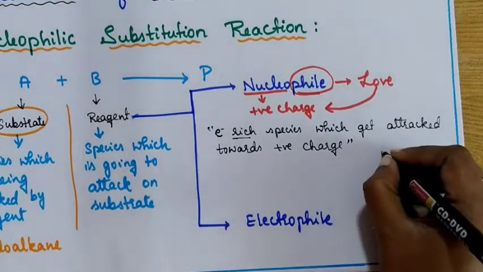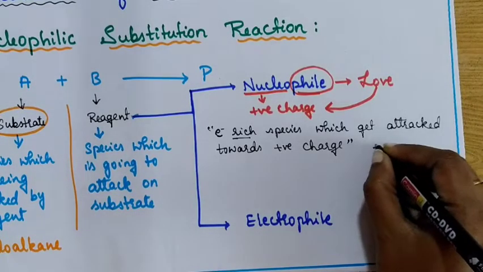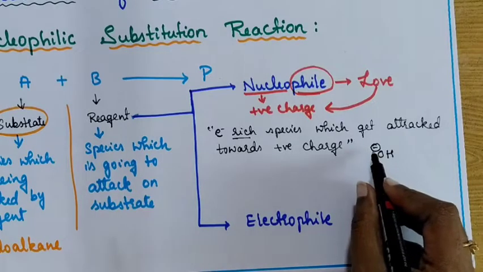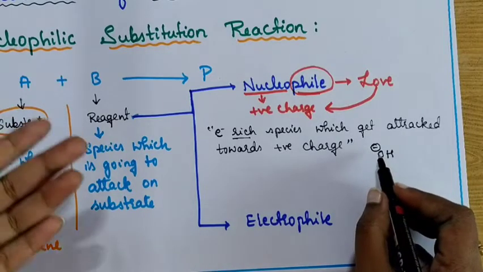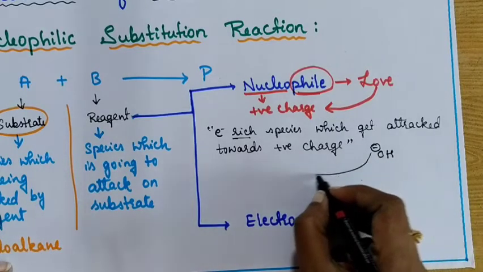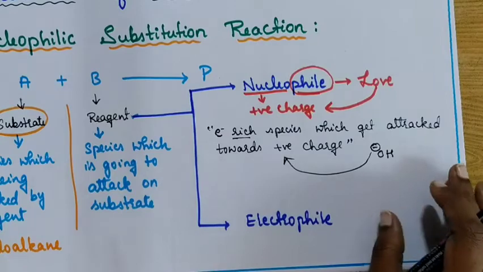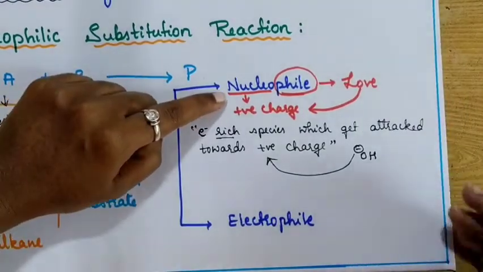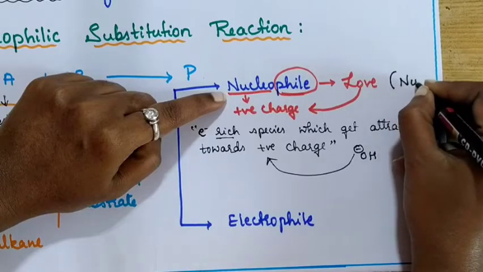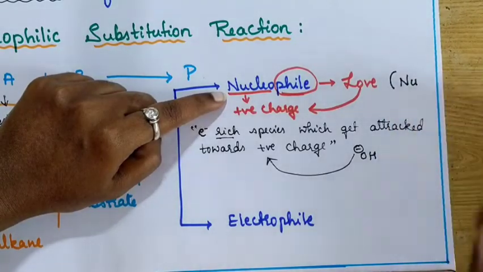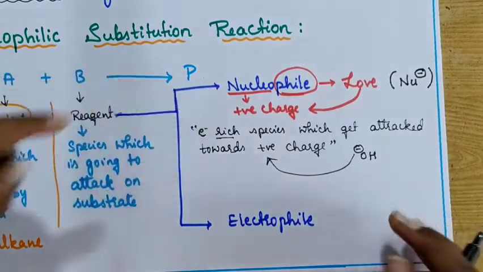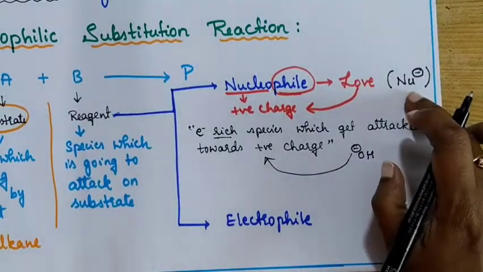For example, you can consider OH minus. This minus charge is indicating there is more number of electrons present in this species. So definitely it will get attracted towards the positively charged species. Nucleophile can be generally represented by the symbol Nu minus.